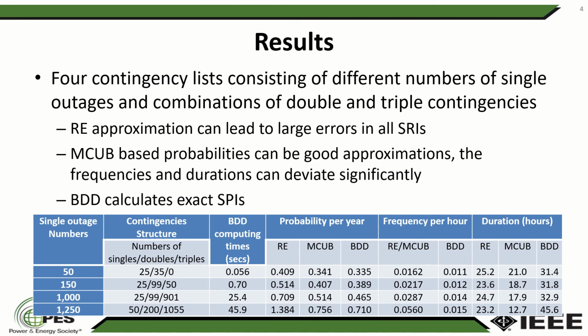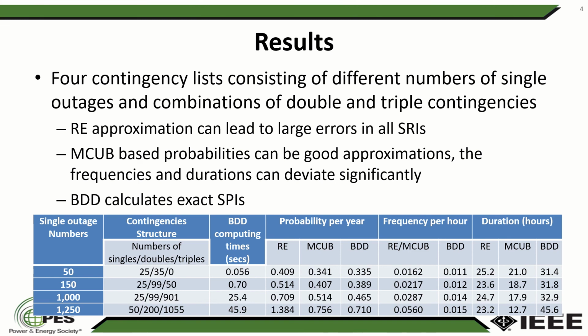So what we do here is we use BDD to quantify the exact system probability, then frequency, then duration times. They are all exact. Then we compare the probabilities and frequency and duration calculated using rare event approximation and MCUB method. So overall, BDD provides the basis for comparison.